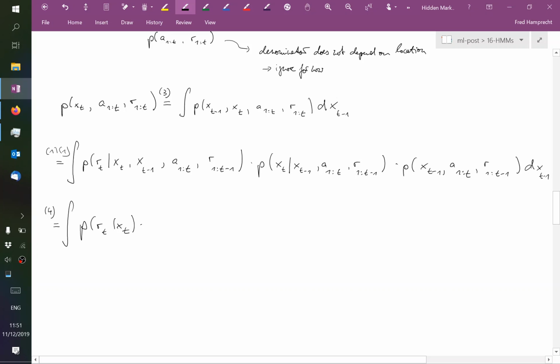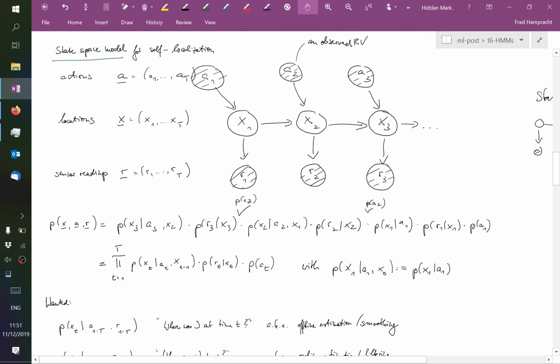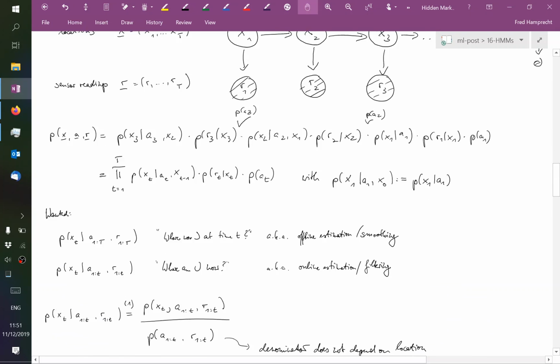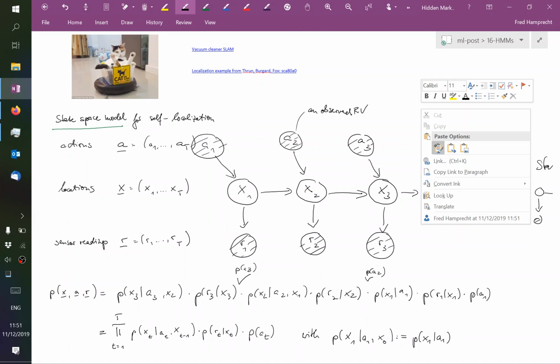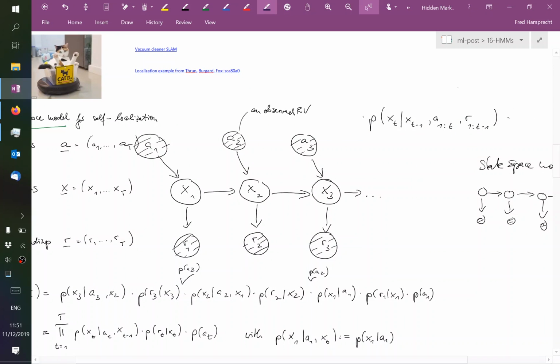Then, for the same reason, we can simplify this term here. We can again look at it next to our graphical model. The probability of x_t given x_{t-1}, let's say, of x_3 given x_2. And then we have these further conditioners here, all the actions and all the sensor readings.